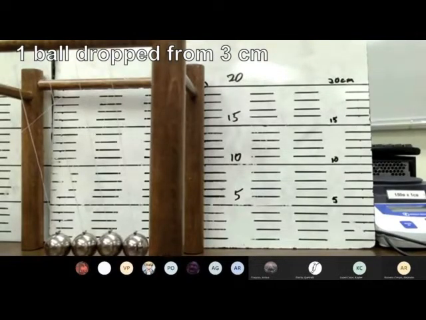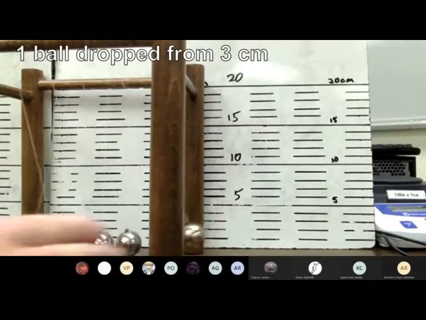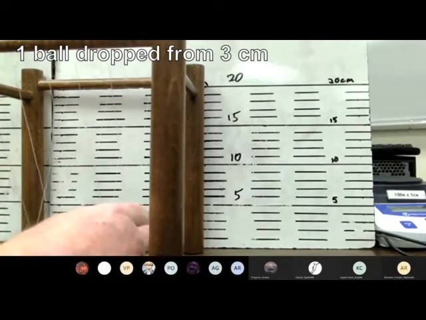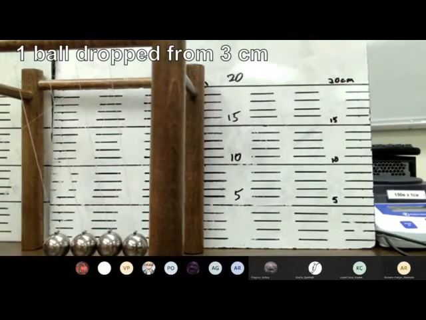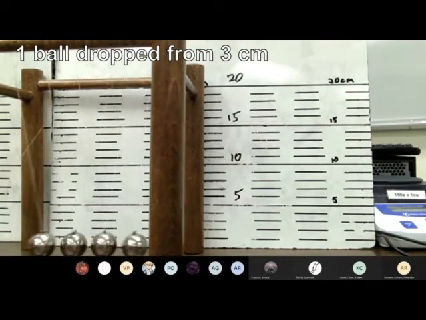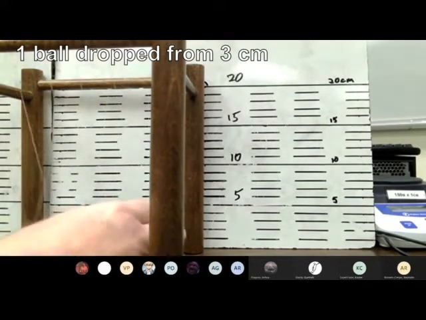I'm going to do this a bunch of times, and you need to make sure you get at least 3 of their response heights recorded. Here goes again. 3, 2, 1. Next one. 3, 2, 1. So again, this is for question 1.